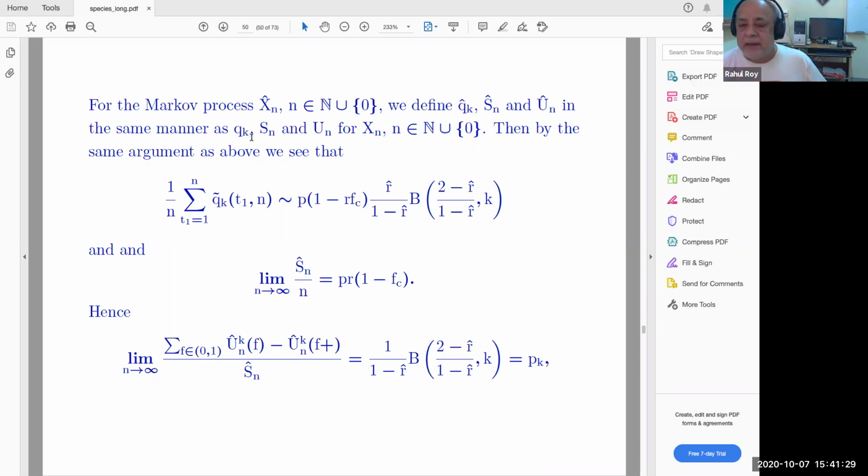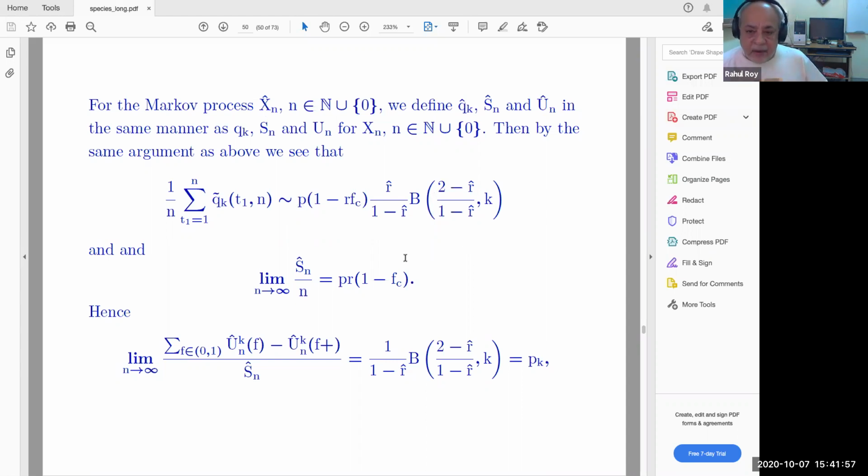We can do this in the same manner as qk, Sn, and Un were done for Sn, Xn, but we can do the hat things for this Markov process. And then by exactly the same argument, what we will get is that this P(1 minus R) Fc, R hat times (1 minus R hat), and the beta function.